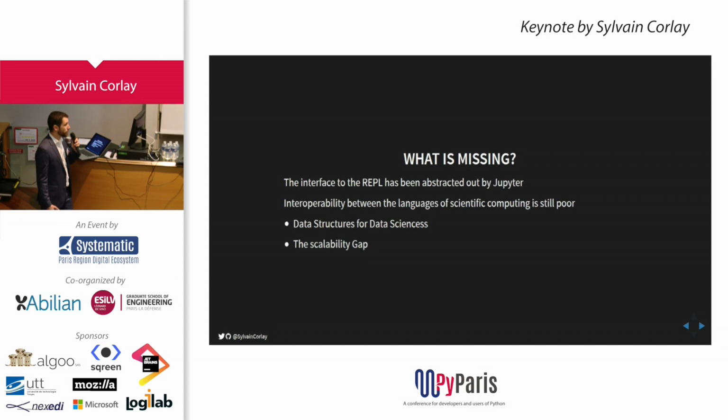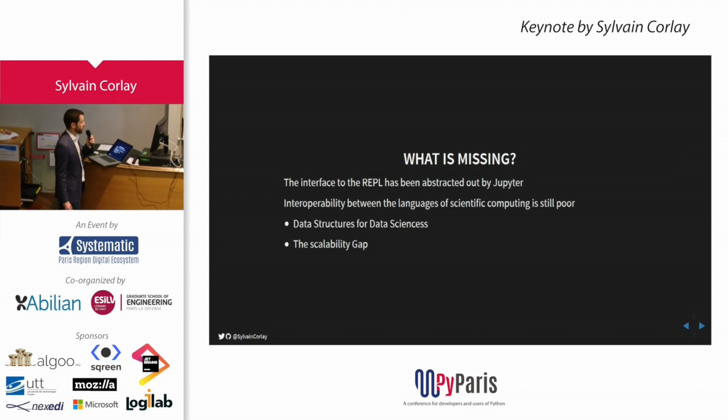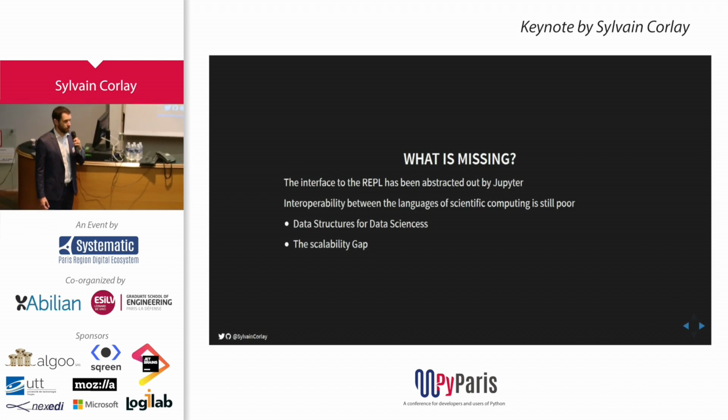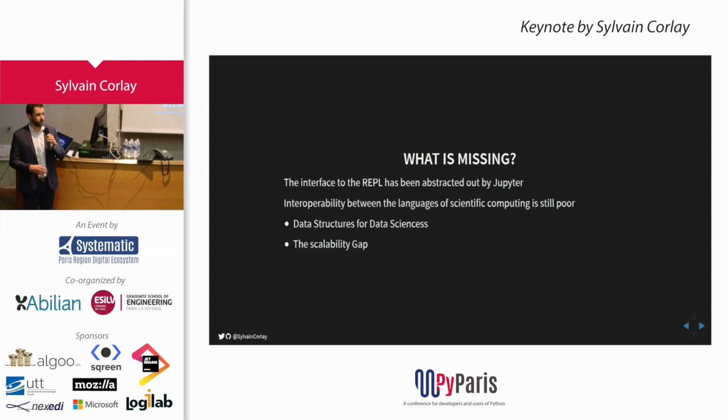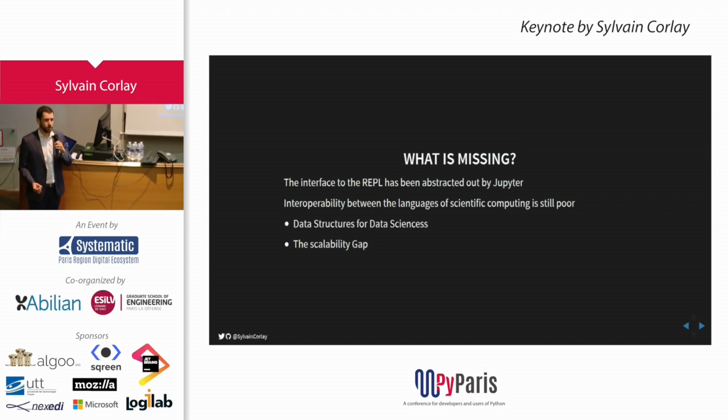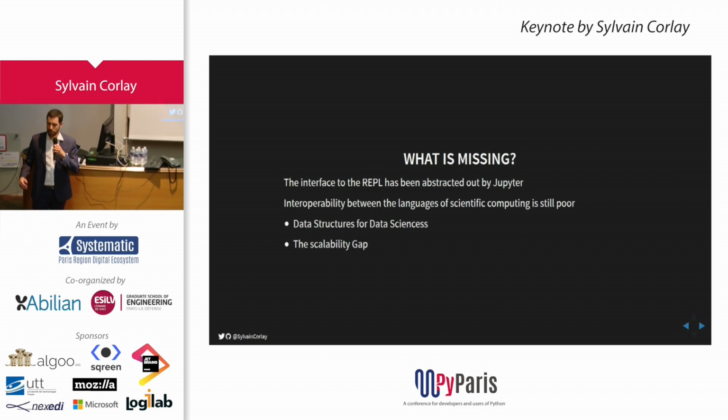Another thing that is really a problem is the scalability gap. When you are doing all your computation in memory with pandas and NumPy, it is rather simple. But then if you need to scale up more and go to a distributed computing framework and deal with database calls, then you have a gap.